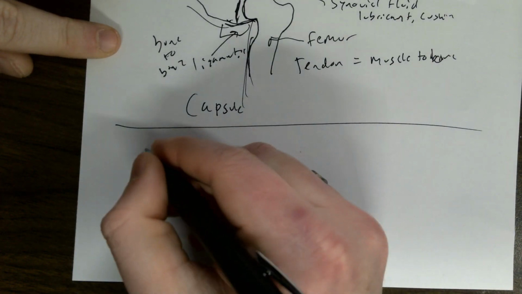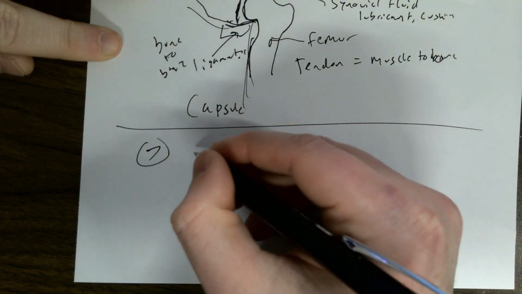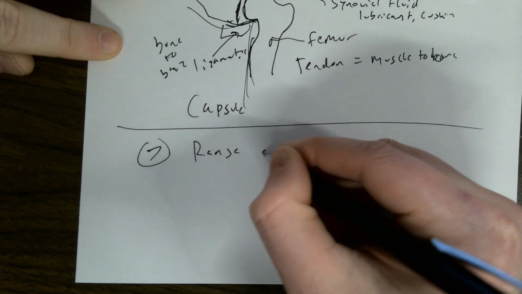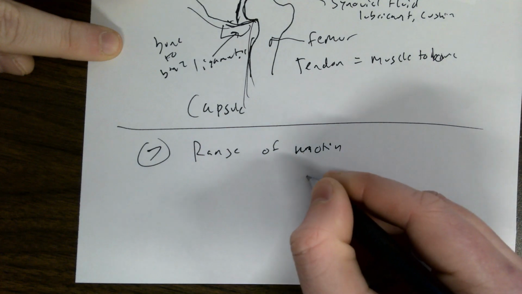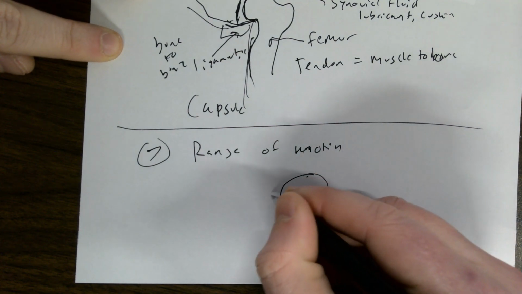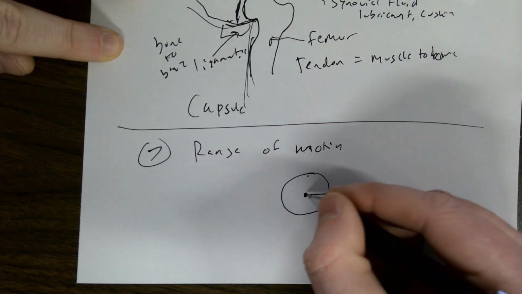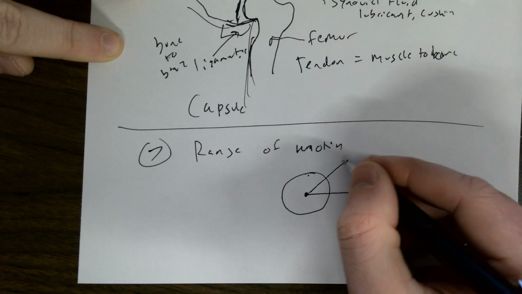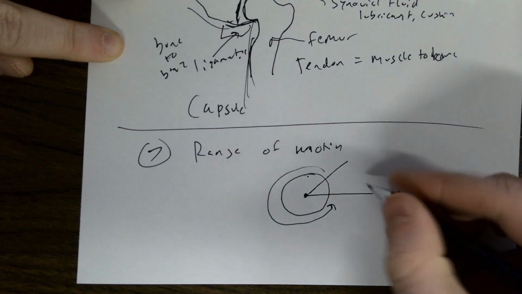All right. Standard 7 says you should be able to measure the range of motion of joints. And so you use a tool that looks something like this. So this is stuck in spot, and then you have another one that can rotate. So this one is free to rotate about this one that's stuck, and you use that.